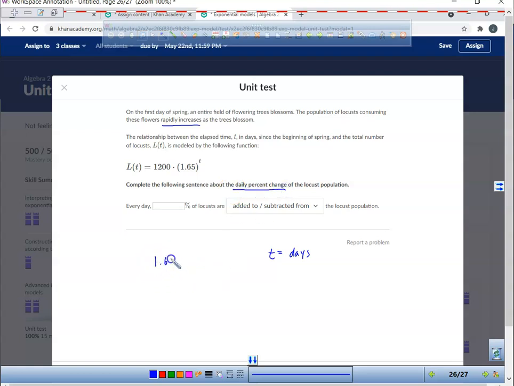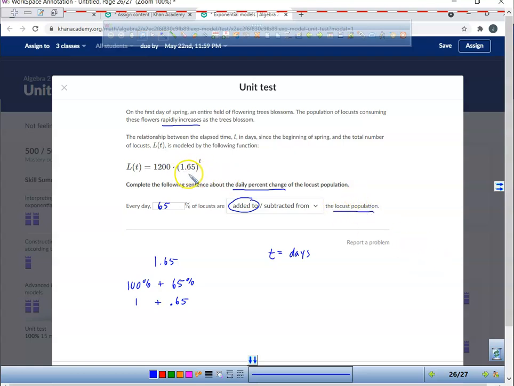We got 1.65. Now, if you guys don't know, I'm going to break this down into 100% plus 65%. And just so you guys know, the decimal for 100% is the number 1. And the decimal for 65% is 0.65. When you add them together, you get 1.65. So I know that every day is a 65% increase that's added to the total locust population. So that's all you got to do.